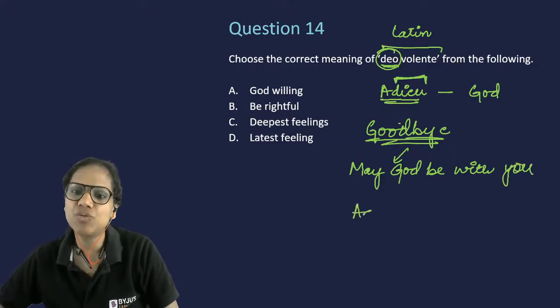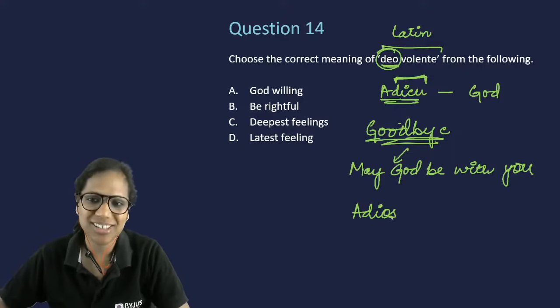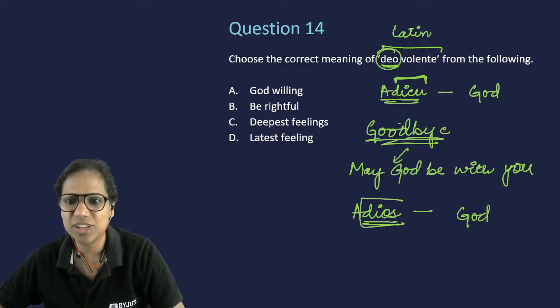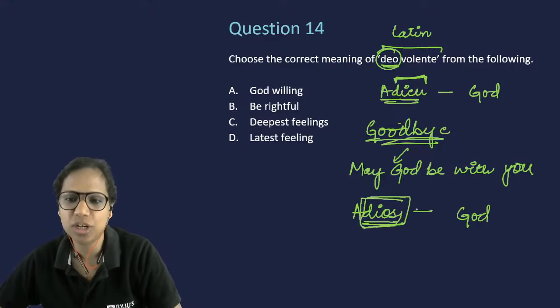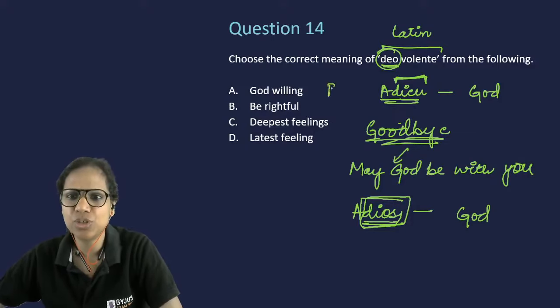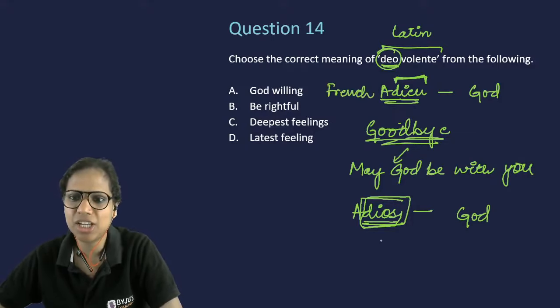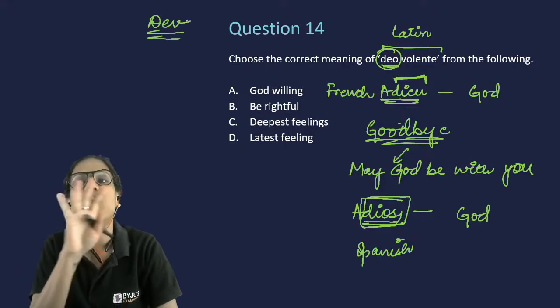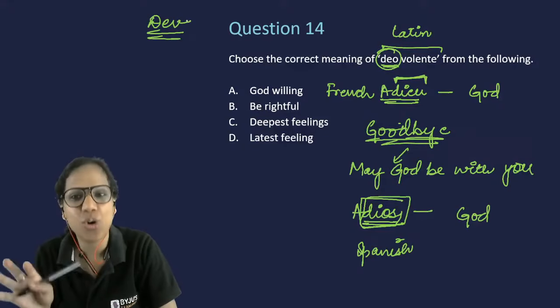Then in Spanish we say adios. Adios amigos. Right. This Dios there means God. When we say goodbye, we actually take the name of God in a way. So this Dios, Dieu, Deo in different languages. So this is French, this is Spanish, that is Latin, and in Hindi also we have something called Dev. Yes, Dev wala jo idea hai. All these ideas mean God.